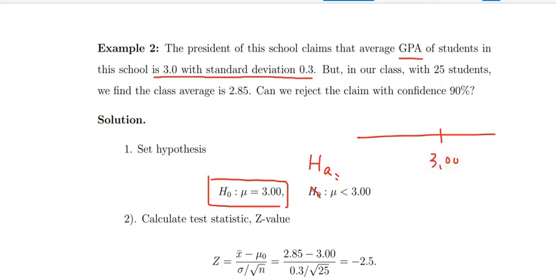Good means high is good, right? So not good is less than, right? So here we use mu less than 3. Some people say mu is here, and we say mu maybe should be less than. So HA, we use mu less than 3.